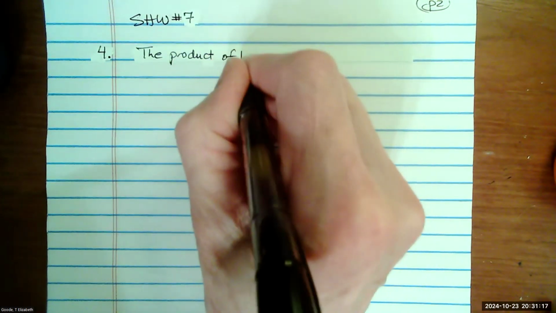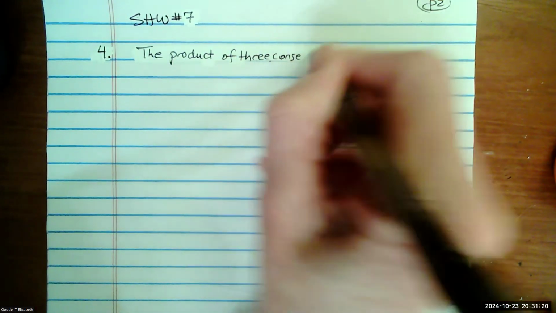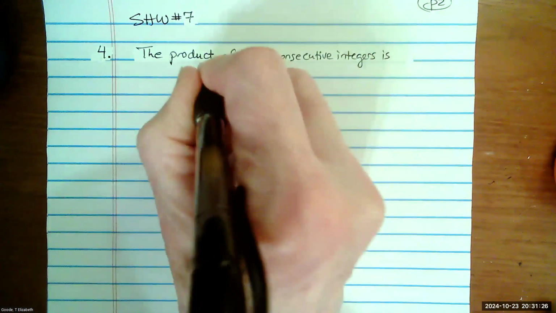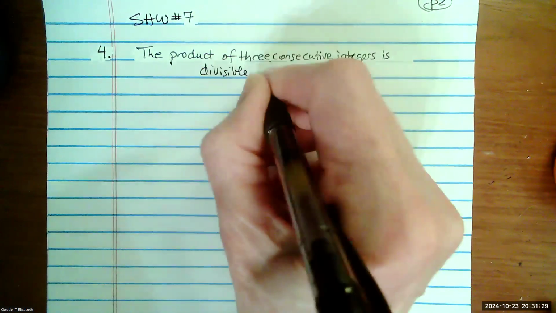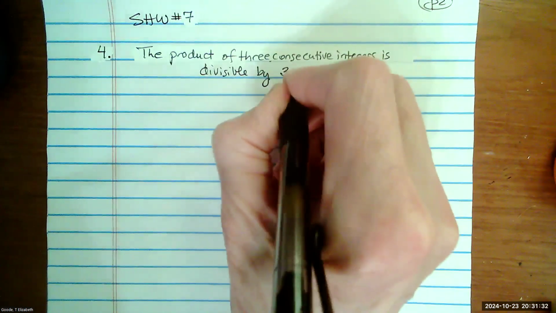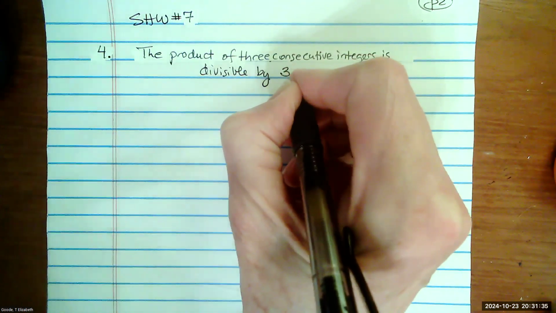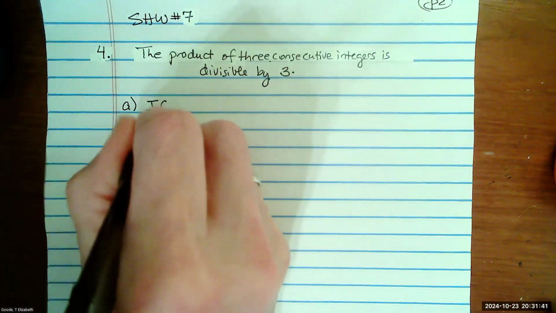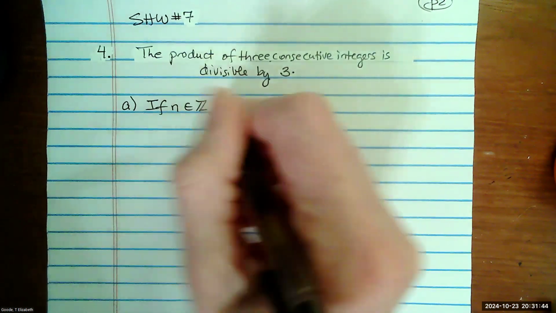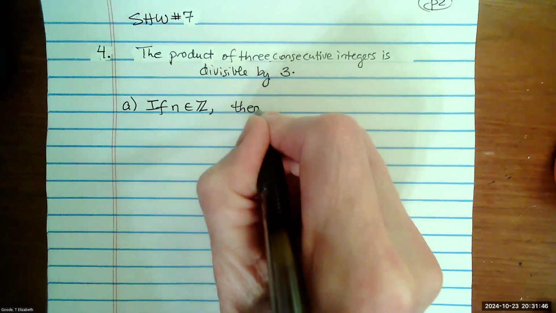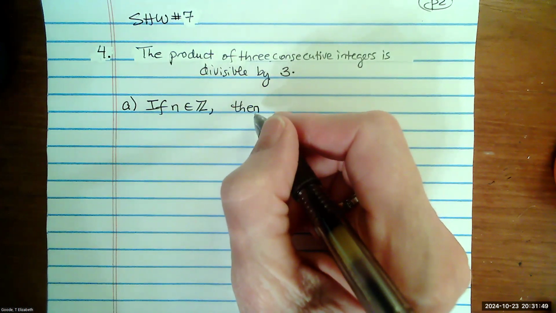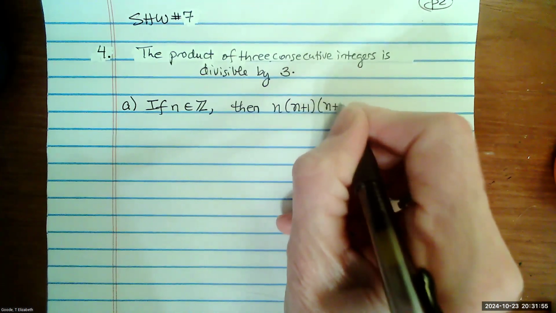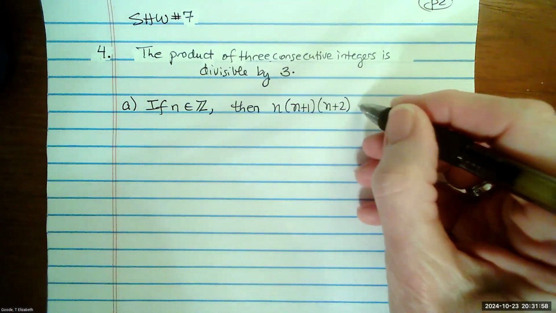The product of 3 consecutive integers is divisible by 3. So if we write it as an if-then statement, because that was the hint, part A, write it as a conditional statement. So if N is in Z, then the product of 3 consecutive integers, N times N plus 1 times N plus 2, is divisible by 3.